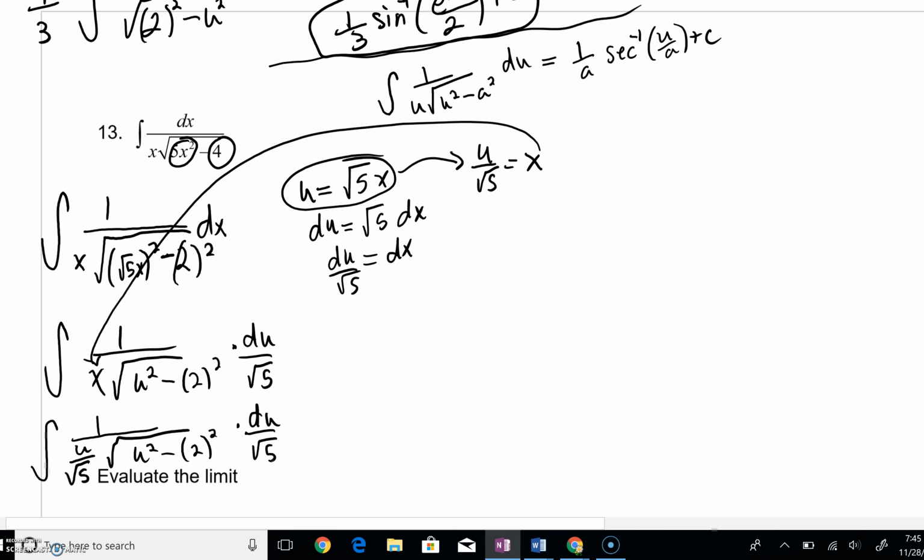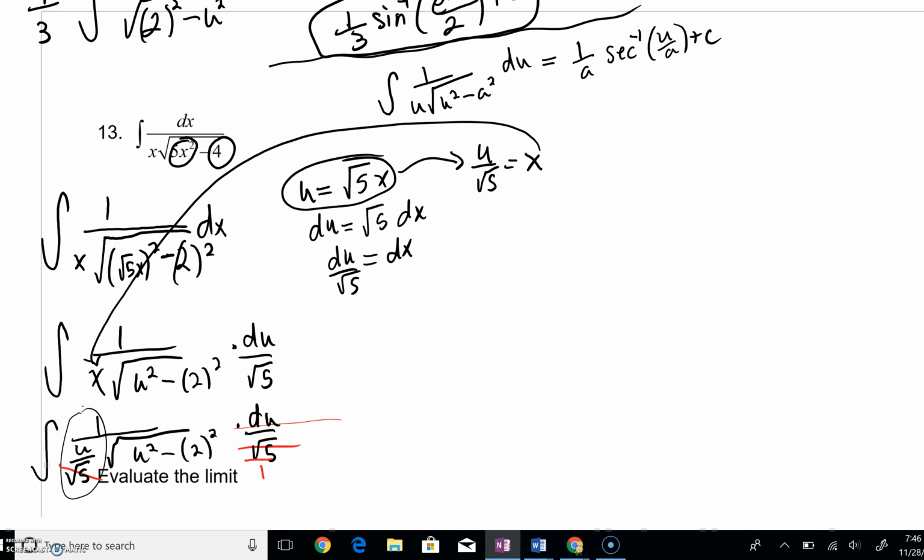Now, it's at this point where a lot of times kids will look right here and say, bring the radical 5 up on top, and you certainly could. Or you could also notice that this is really like a radical 5 all over 1, and this radical 5 would cancel this radical 5. You could see it more easily, perhaps, if you bump it up to that numerator, and then it's pretty evident.